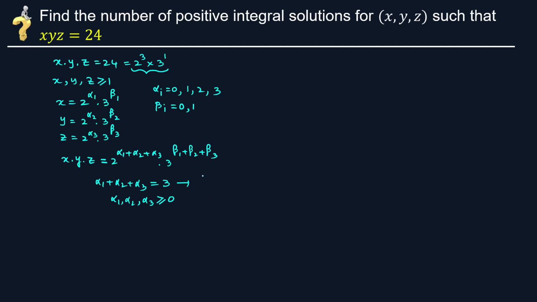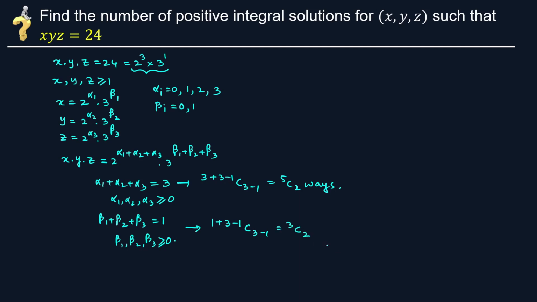From the Vegas method we can say the total number of ways will be 3 plus 3 minus 1 C 3 minus 1, that is 5C2 ways. Similarly, for beta 1 plus beta 2 plus beta 3, you have 1. Again, beta 1, beta 2 and beta 3 are all greater than or equal to 0. Therefore, the total number of non-negative integral solutions will be 1 plus 3 minus 1 C 3 minus 1. That gives us 3C2 ways, right?